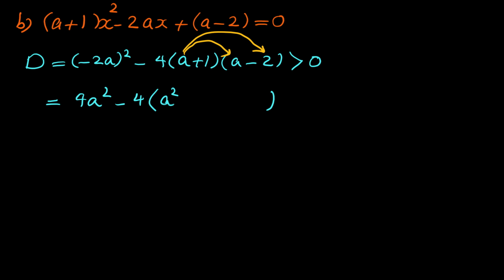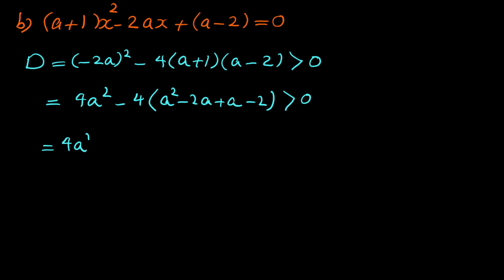A times negative 2 is negative 2a. Then we have 1 times a, which is a. And finally, we have 1 times negative 2, which is negative 2. So by multiplying the two brackets by each other, we have this expression greater than 0.